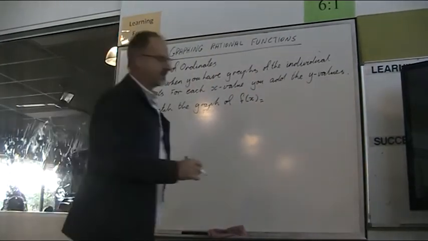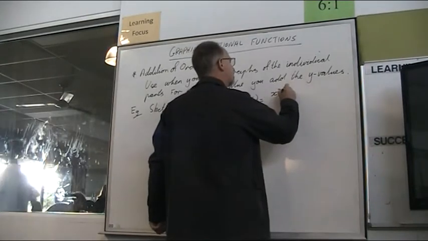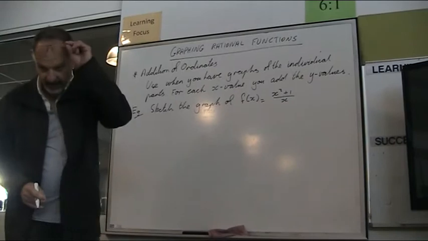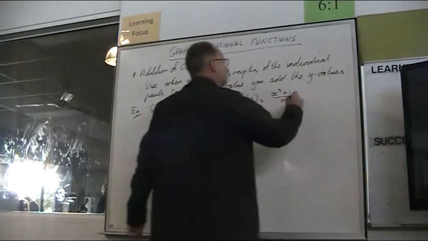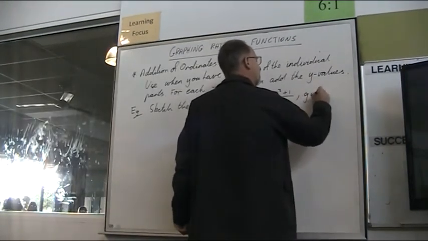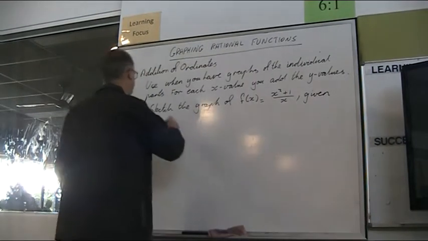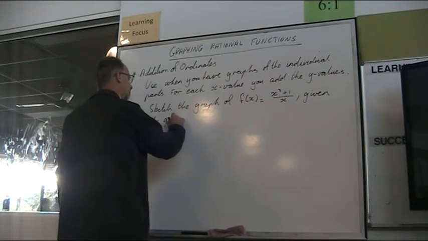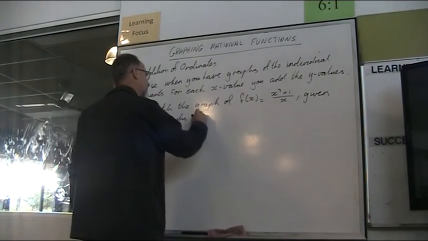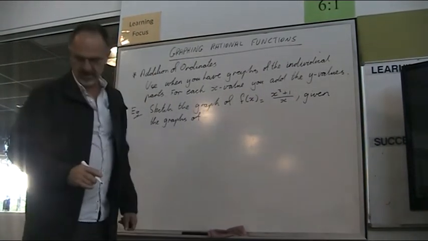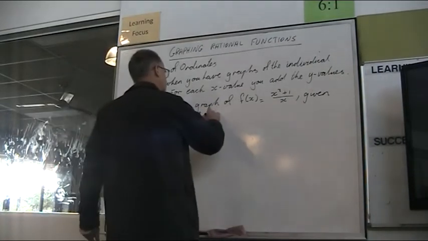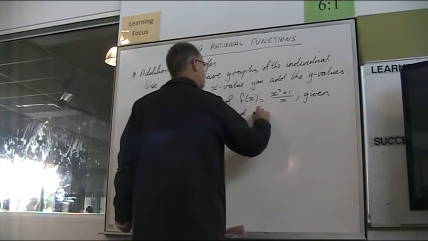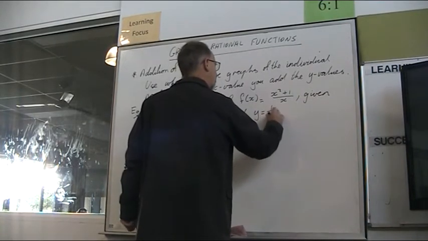So f(x) equals x squared plus 1 over x, given the graphs of y equals x and y equals 1 on x.